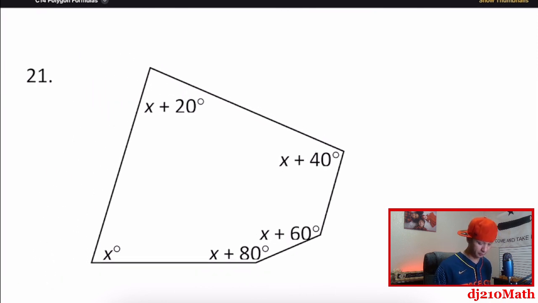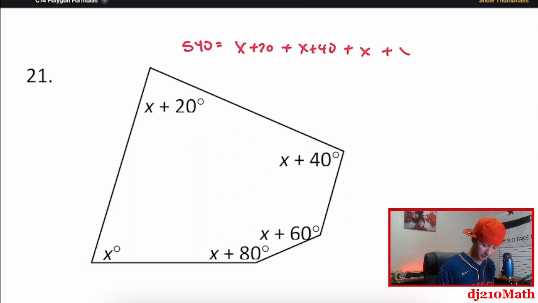Okay, 1, 2, 3, 4, 5. Again, 5 sides, a pentagon will add up to 540. So 540 is going to equal all of these. X plus 20 plus x plus 40 plus x plus x plus 80 plus x plus 60. So add up all the x's, add up all the non-x's.